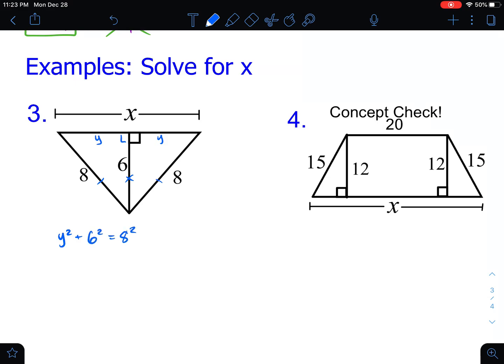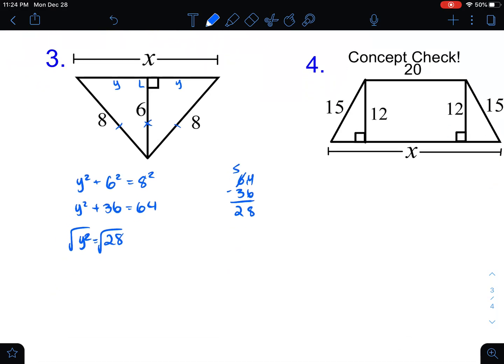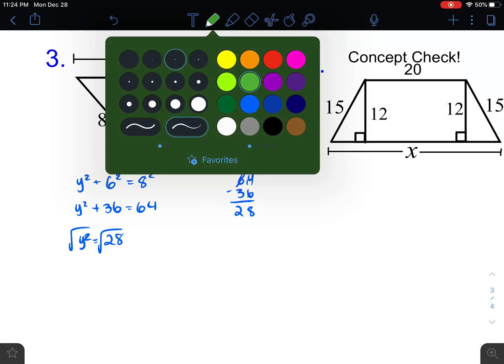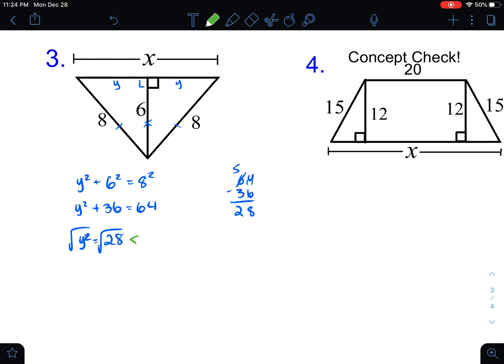So here I can see that y squared plus 6 squared equals 8 squared. So y squared plus 36 equals 64. 64 minus 36 is 28. And we square root both sides. 28 is not a perfect square, so that requires me to figure out what its factors are.